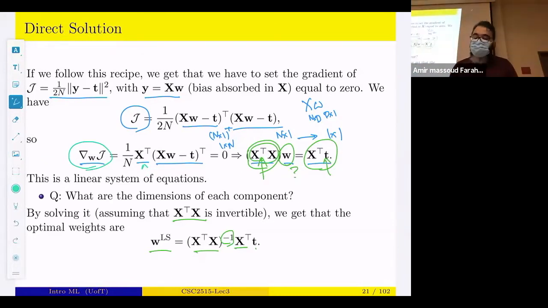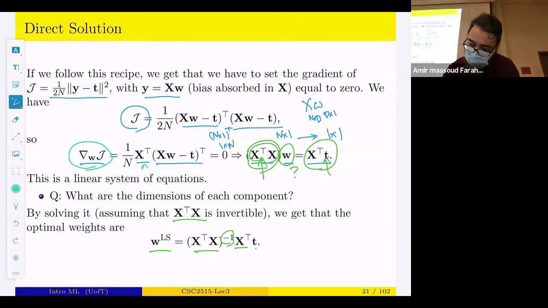So what is the dimension of the gradient of J with respect to w? It should be n by 1 or d by 1. It's a gradient, so remember, one answer in the chat was n by 1. Remember that the weights are d-dimensional.